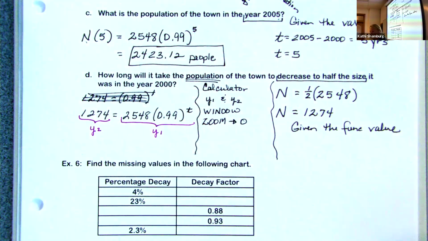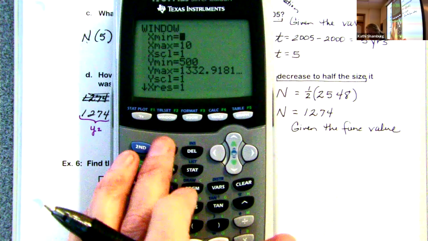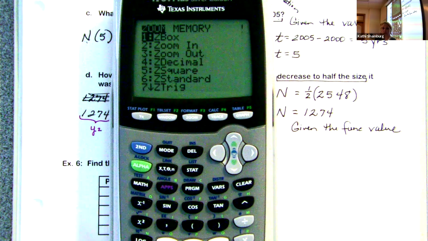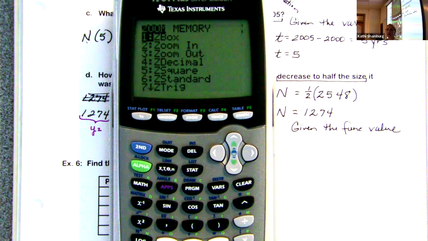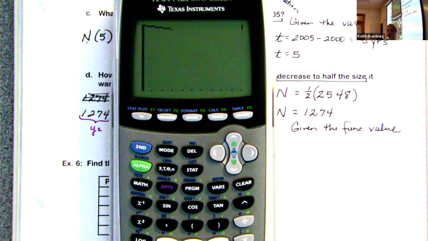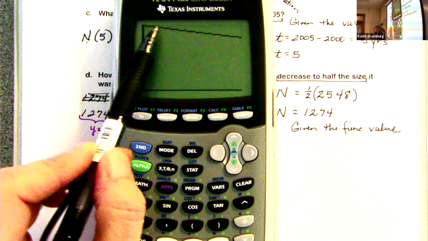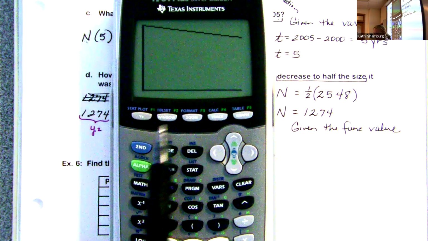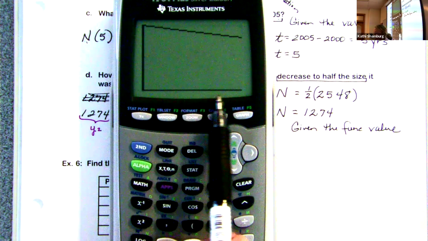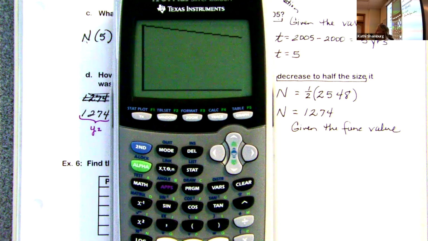I want them to intersect. So if I do zoom 0 and my lines don't intersect, then I'm going to go back and change my window. Okay, so mine started and it did this one, and then it did this one, and I see no intersection, right?